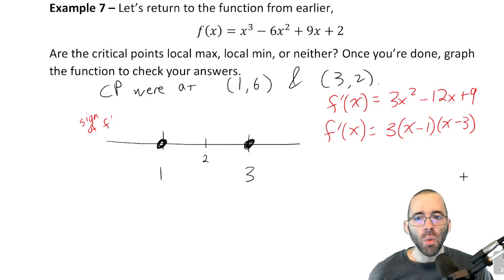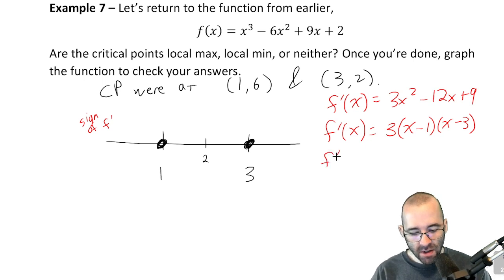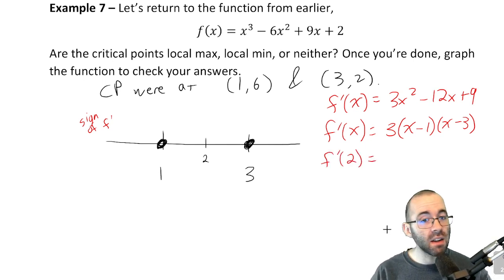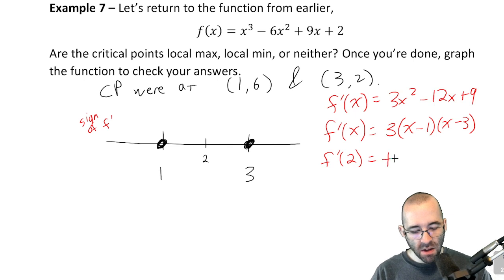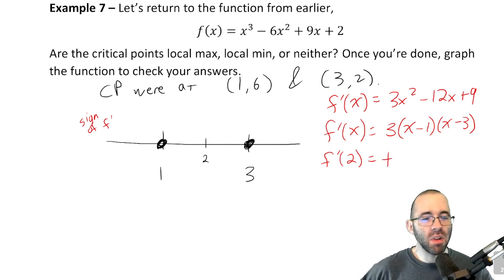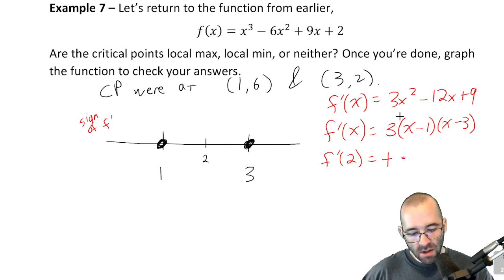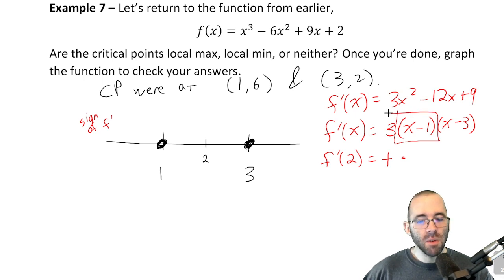So we don't care about the value of the derivative right here. We just care about the sign. So you can plug it in and you can get a value if you want, but what I really like doing is a shortcut. If we plug in 2, what does each term look like? 3 is positive. If we plug in 2, this is positive 2. This is positive as well.